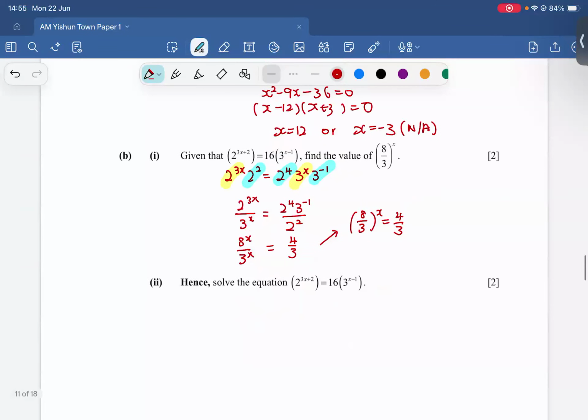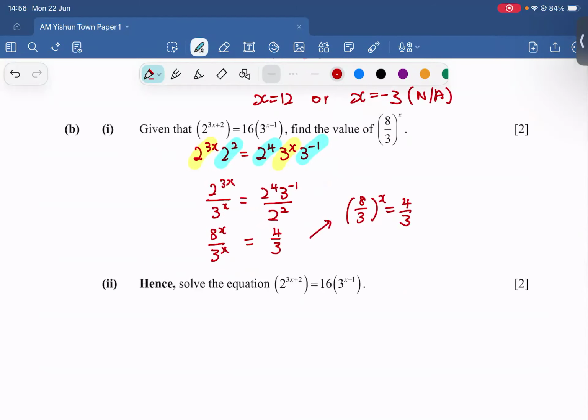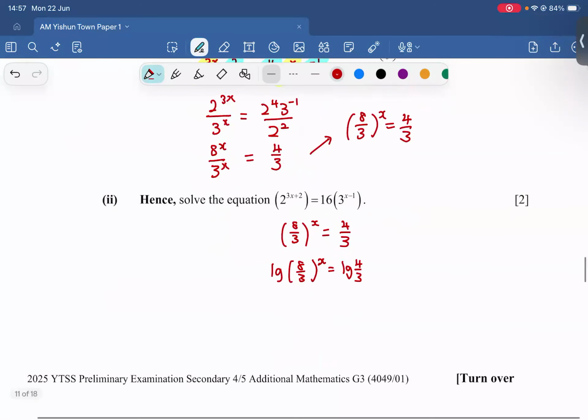Hence, solve this. So how do we solve that? So this thing will become this. Then to solve that, what do we do? We have to use our logarithm. We log both sides. Okay, then power bring down. To find x, we just divide.